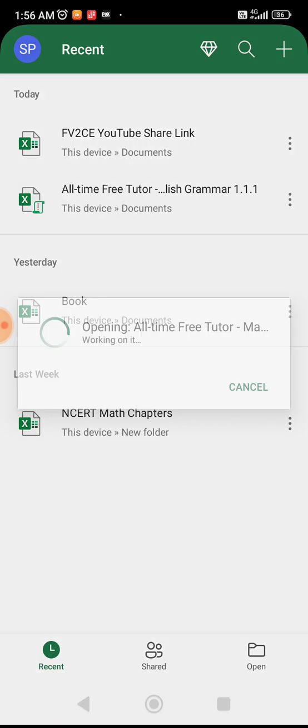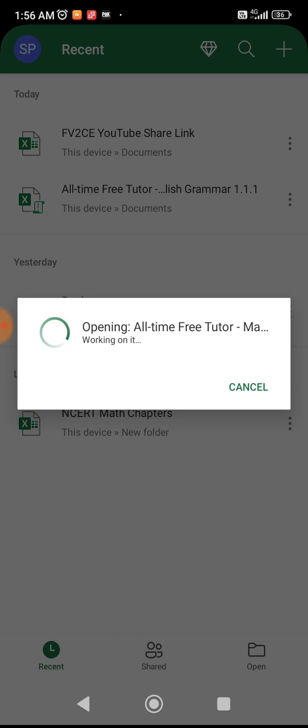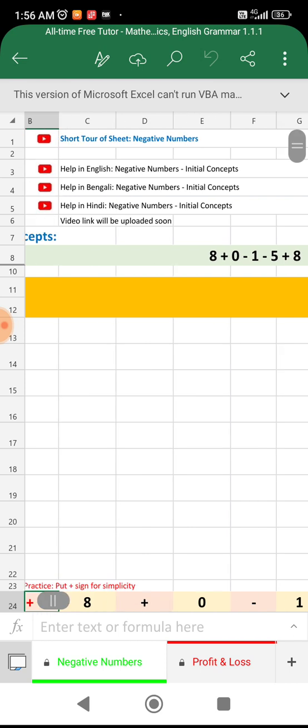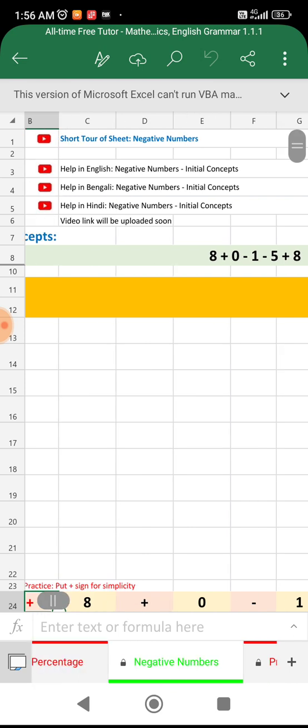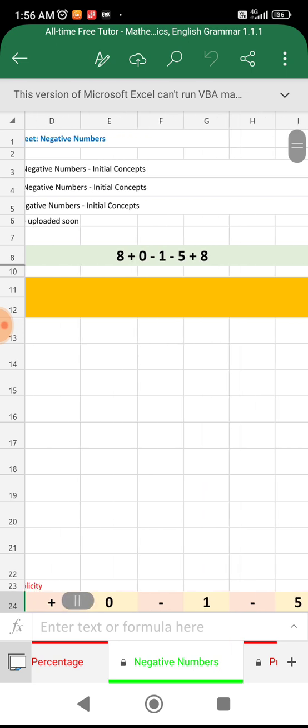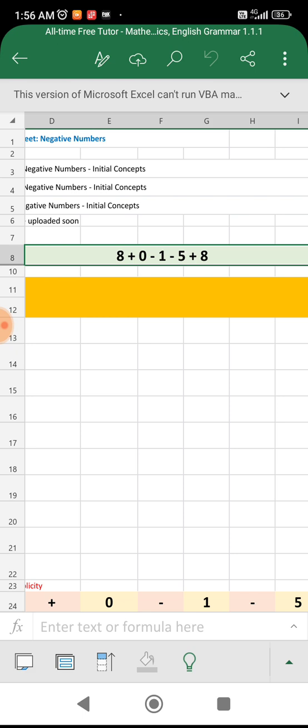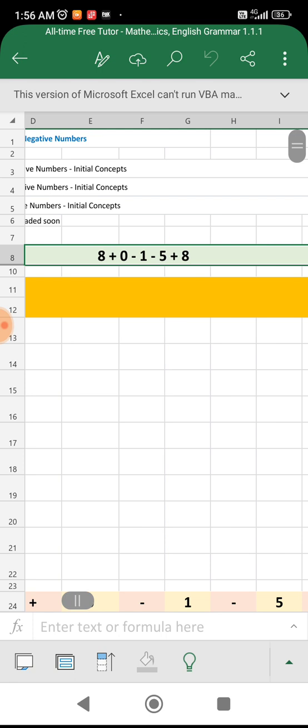So for this purpose, you have to open this negative number sheet, which is already included in this sheet. You will get it, and you have to do these operations yourself. Okay, you have to practice these problems.